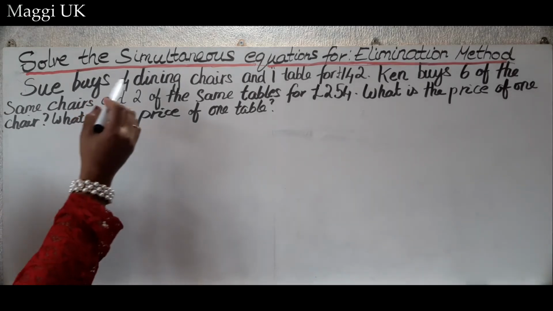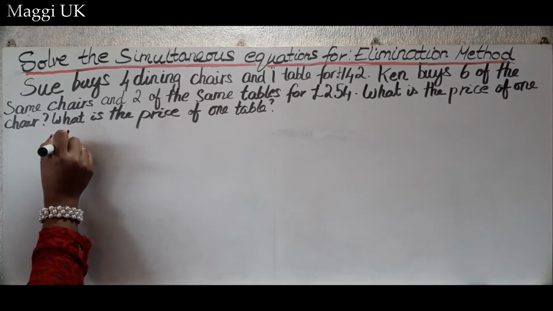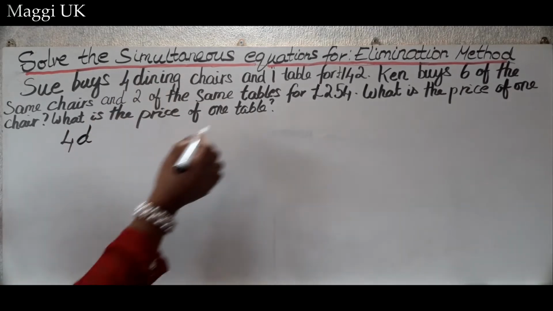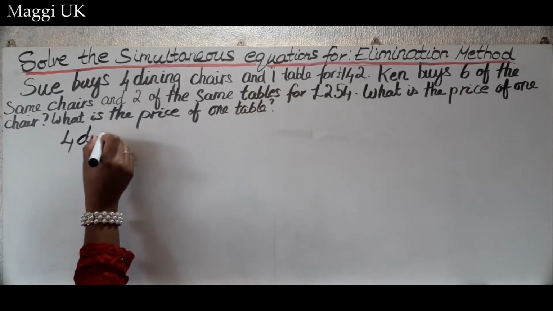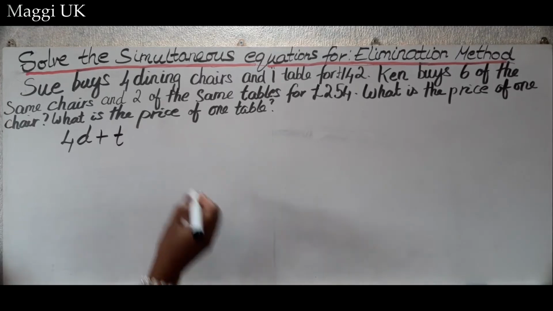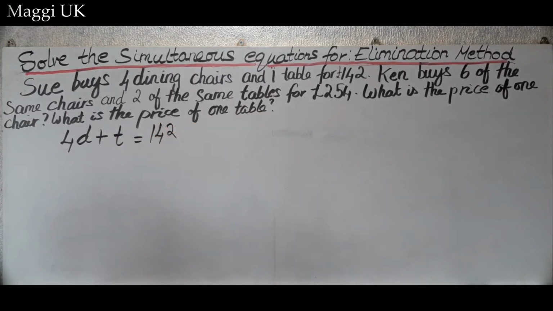If you see here, you have 4 dining chairs. You can use a variable, say D, so 4D. And this is about the table, so 1T is just T, and then equals 142.